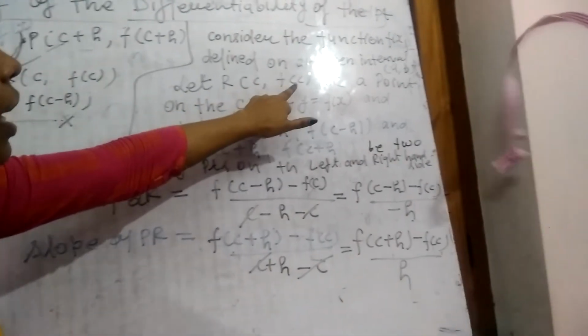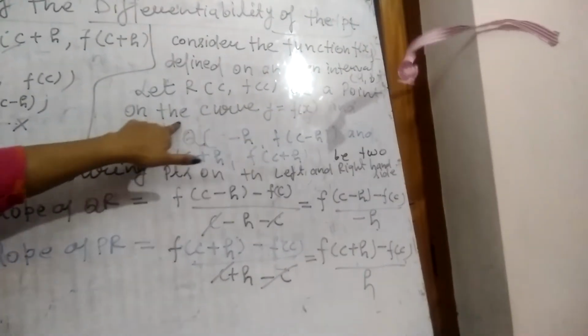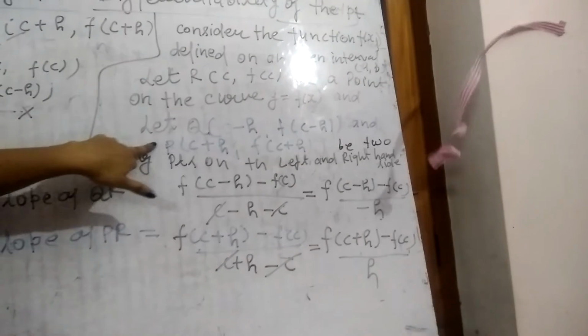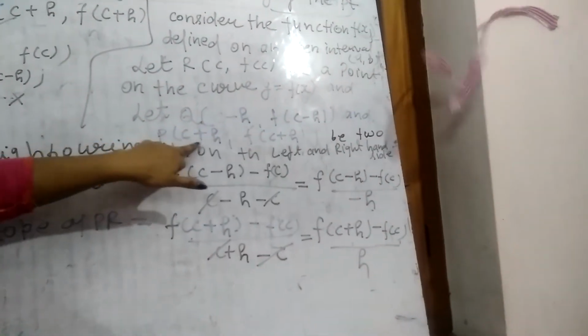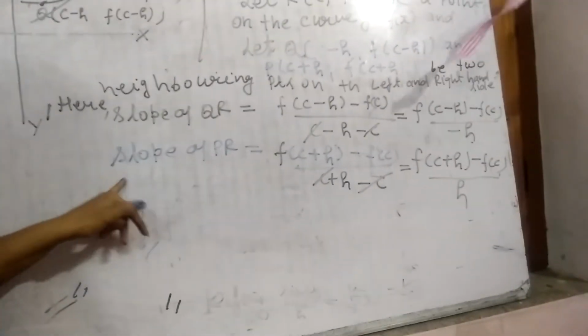Let R(c, f(c)) be the point on the curve y = f(x), and Q(c - h, f(c - h)) and P(c + h, f(c + h)) be the neighboring points on the left and right hand side. Here, the slope of QR and the slope of PR.